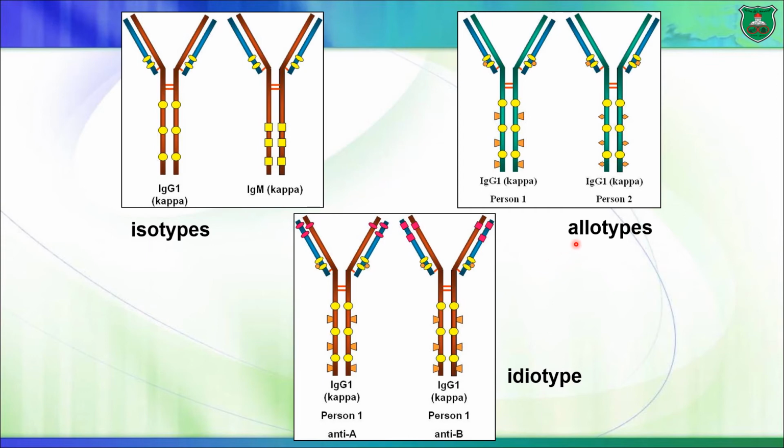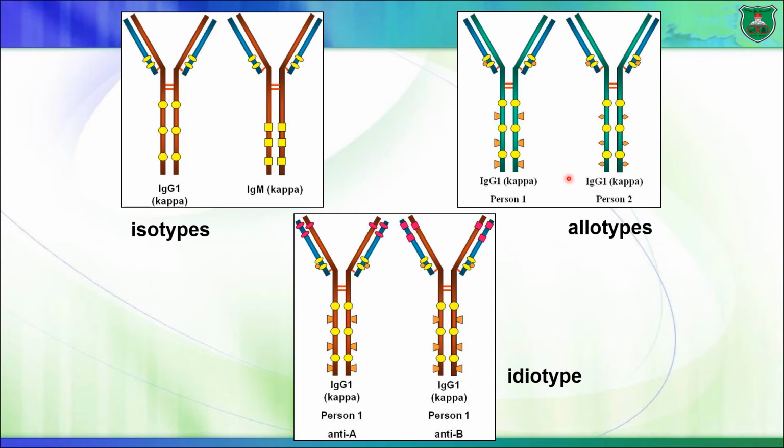Now you can have allotypes as well. Now with allotypes, allo comes from the word allele. If you remember, allele in molecular biology is basically different forms of the same gene. So we talked about an eye color gene, and you have a green eye color gene, and a blue and brown and black and so on. So they are different forms of the same exact gene, right? Now with allotypes, we're talking about antibodies or immunoglobulins with the same constant region.